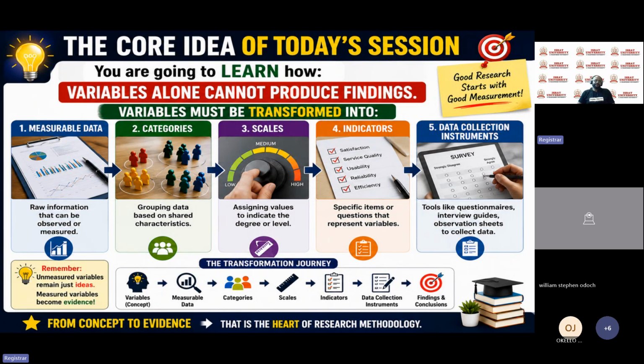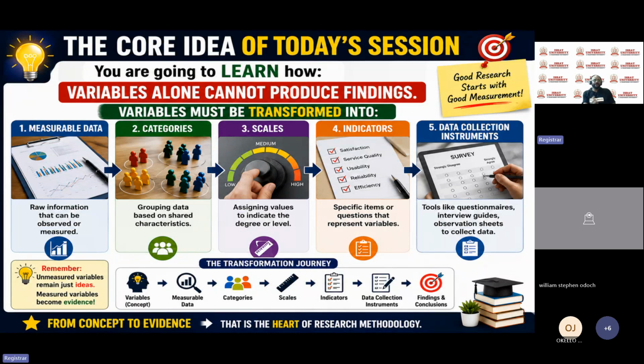You may recall when I started our research journey, I told you that all the variables you define and identify should be measurable ones. If you are not able to measure it, then it becomes a challenge.